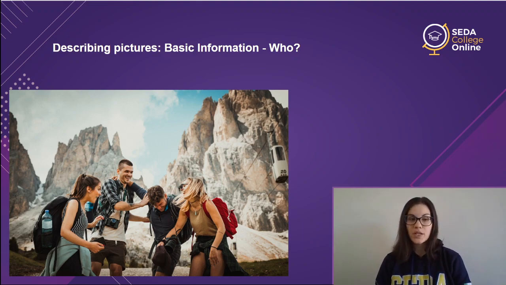I'll give you a moment as well. Okay, so try to do what I did before. I said that I see four people, a family, the parents, and the two children. What similar information can you tell me about these people that you see in the specific picture? Take a few minutes.